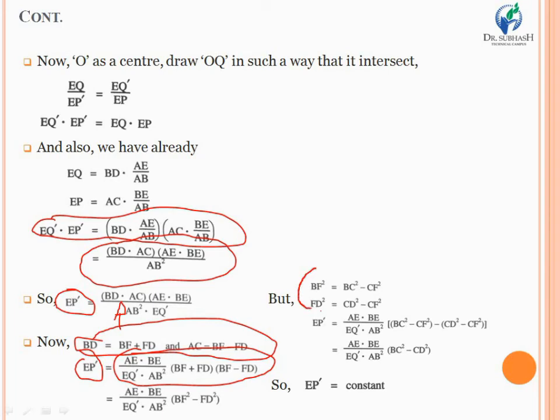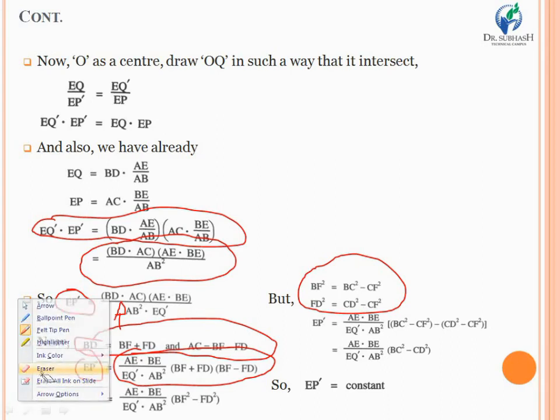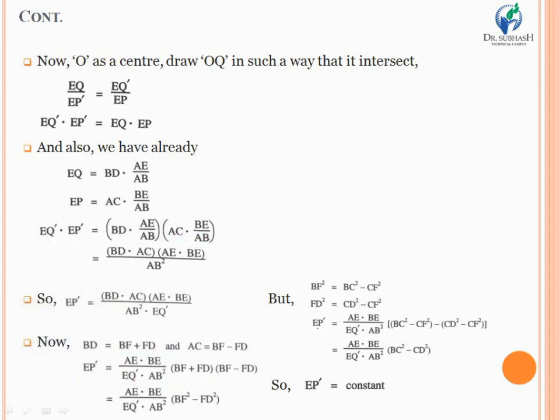But from the triangle, we know that BF square is equal to BC square minus CF square, and of course FD square is equal to CD square minus CF square. So ultimately your relation will reduce in terms of EP dash to AE into BE upon EQ dash into AB square, in bracket BC square minus CF square minus CD square plus CF square. Simplifying it, we have AE into BE upon EQ dash into AB square multiplied with BC square minus CD square.